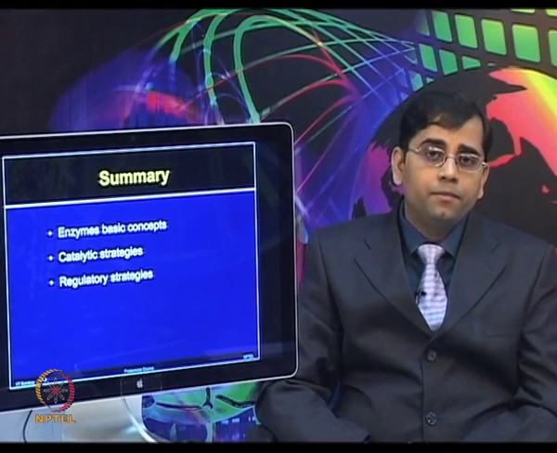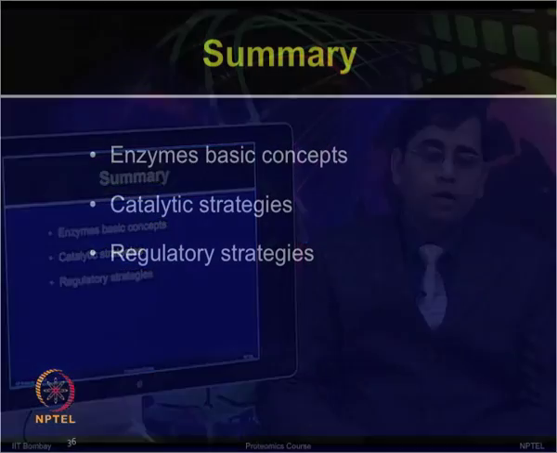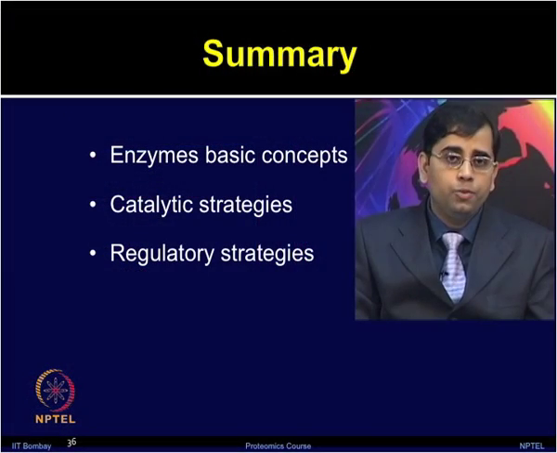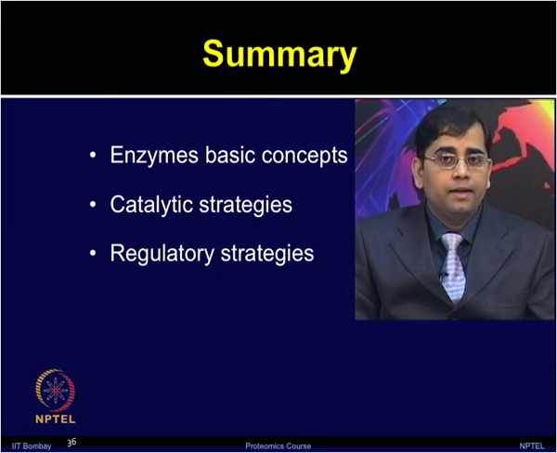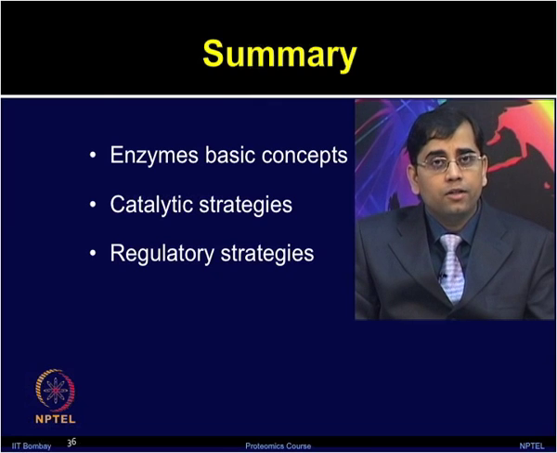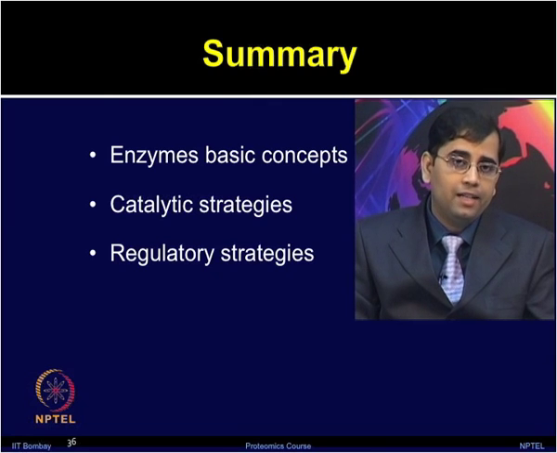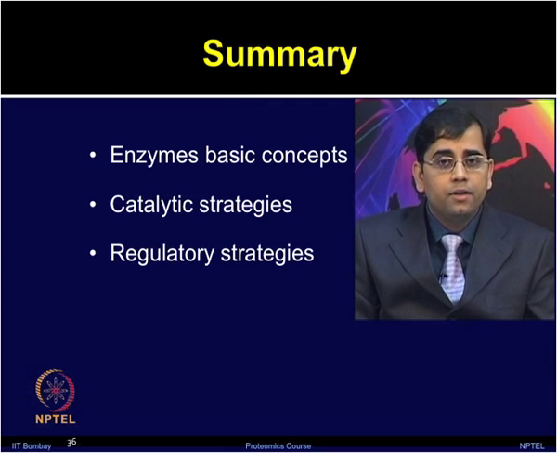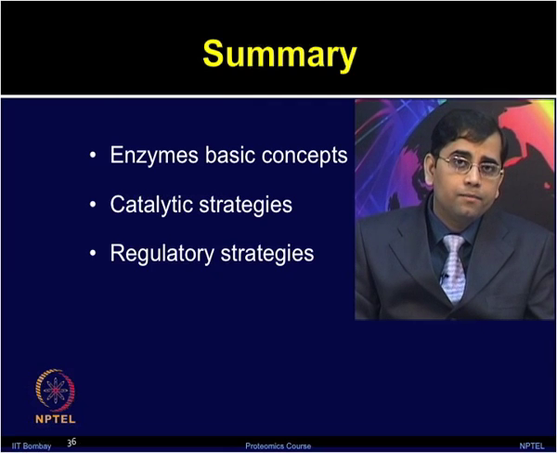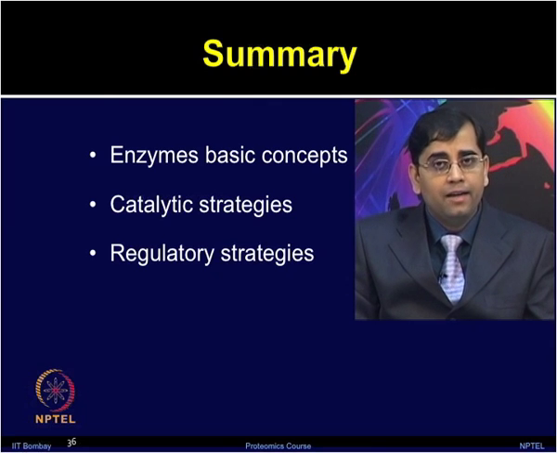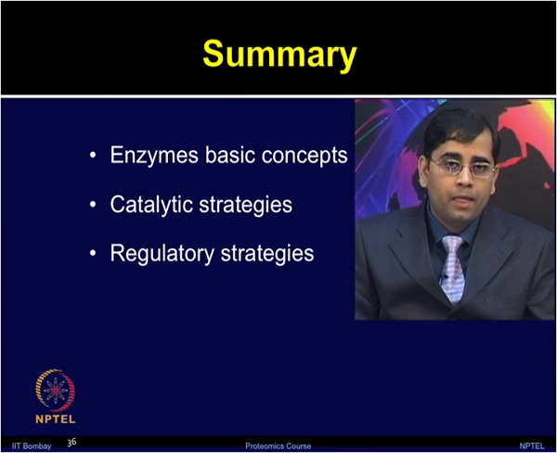So, in summary, today we discussed various concepts related to enzymes, which are highly effective catalysts. There are several catalytic mechanisms which are employed by the enzymes, which include acid base catalysis, covalent catalysis and metal ion catalysis. We discussed some of these mechanisms in some detail.